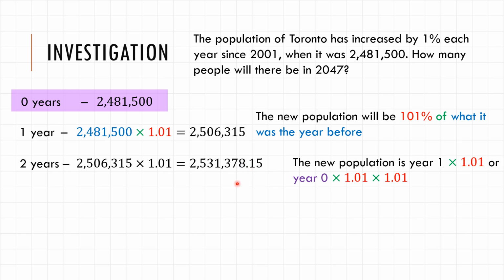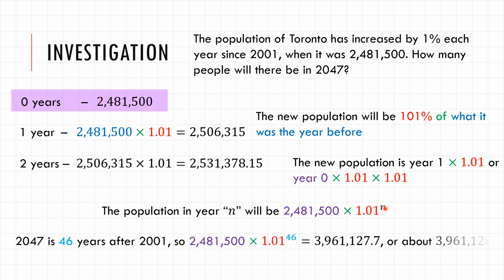And if I want to increase it many, many more times, I will just keep having to multiply it by 1.01 again and again and again. So the population in year n will be the starting population times 1.01, n times. And when you repeatedly multiply, that's when you use a power.